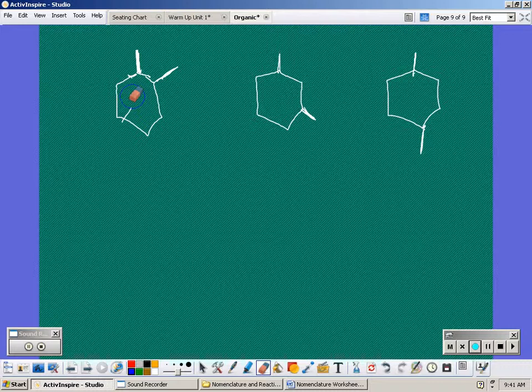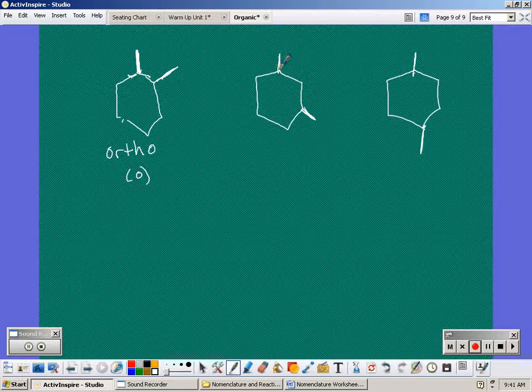If you have 2 side groups and they occur on carbons that are side by side, you could call that ortho, or O. If you had side groups coming off of carbons with 1 in between, then that's called meta, or M. And then if they're on complete opposite sides, you would call that para, or P. So instead of numbering 1 and 2 for your side groups, you could just say ortho.